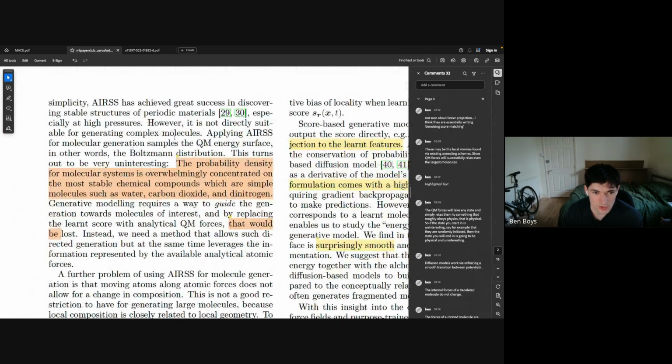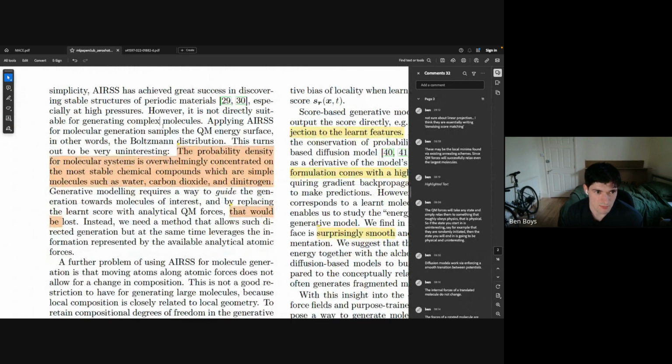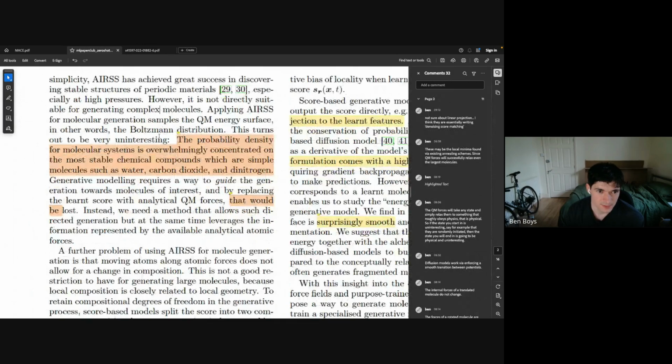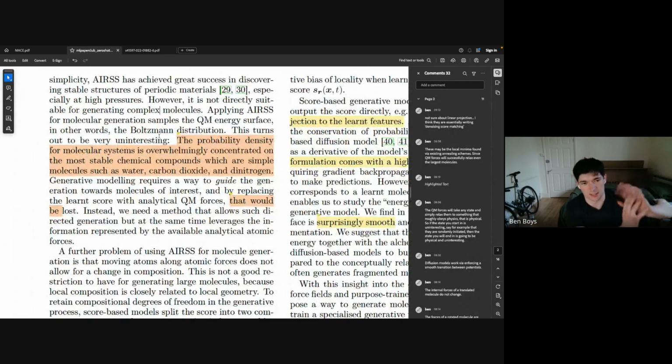But it's not suitable for generating large complex molecules, because once you sample from an uninteresting distribution and start minimizing a physical potential, you'll get to a place which is uninteresting but physical. So what you'll find is the probability density is concentrated on the most stable chemical compounds, which are simple molecules such as water, carbon dioxide, and dinitrogen.